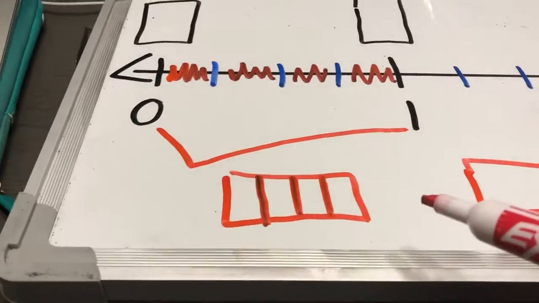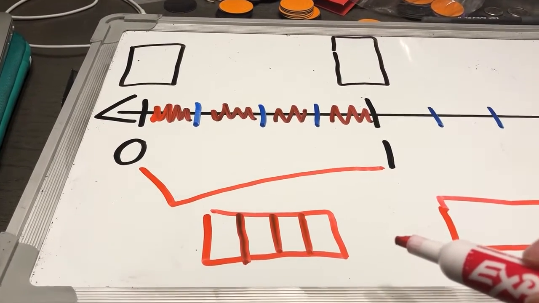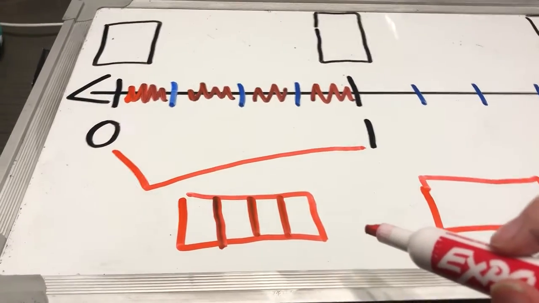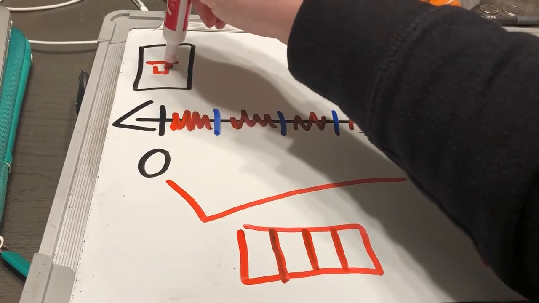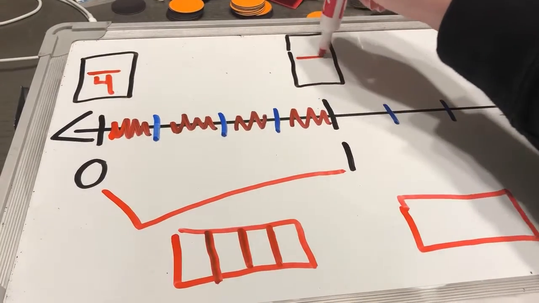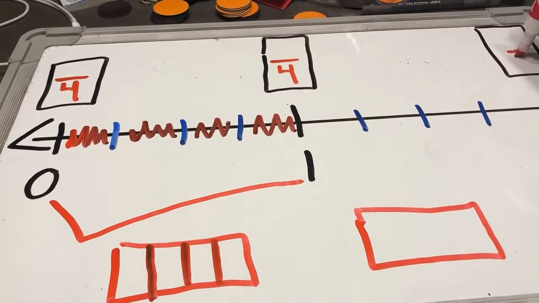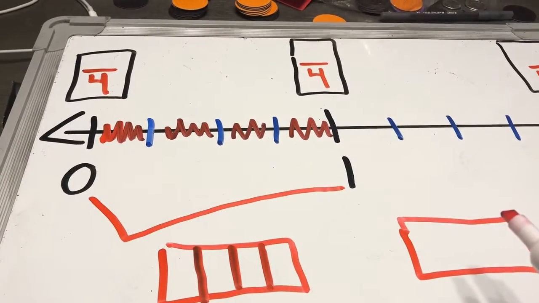It's not perfect, but for this it's good enough. We have 4 parts in our whole, so we know that our denominator has to be 4 for all of our points on the number line.